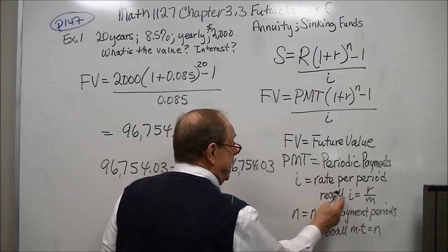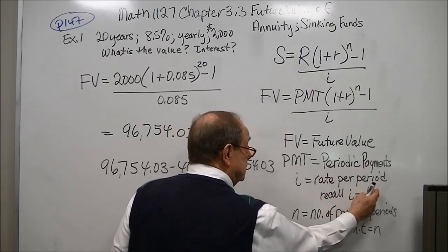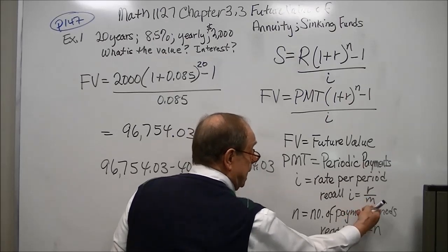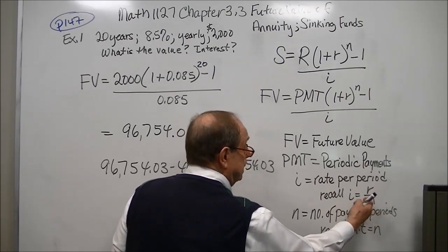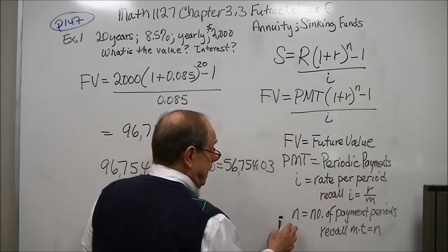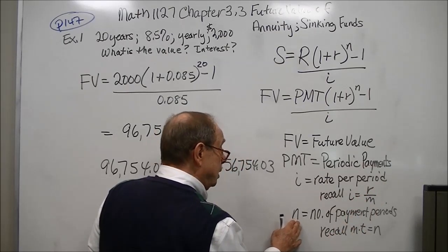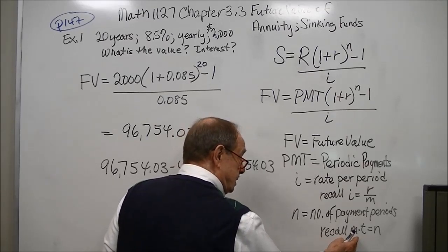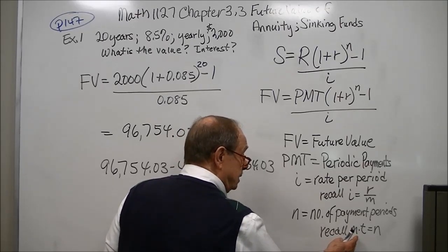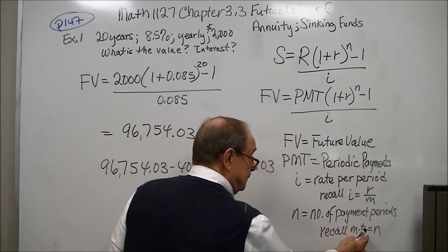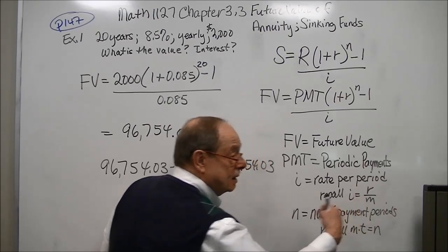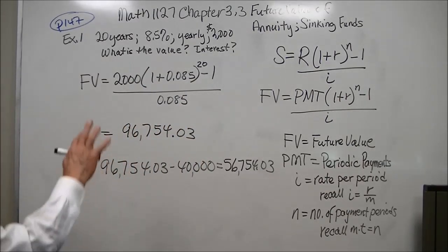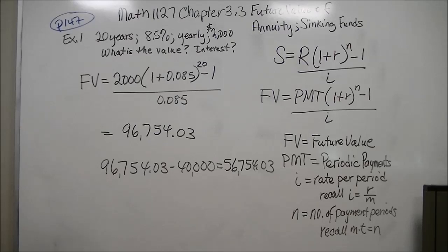And you recall the I is the rate divided by the period, 4 times a year, quarterly or annually if it's 1. And number of payments, remember, is the times it's compounded during the year times the number of years. And this is something we went over in section 2. So just a little familiarization with the formula.